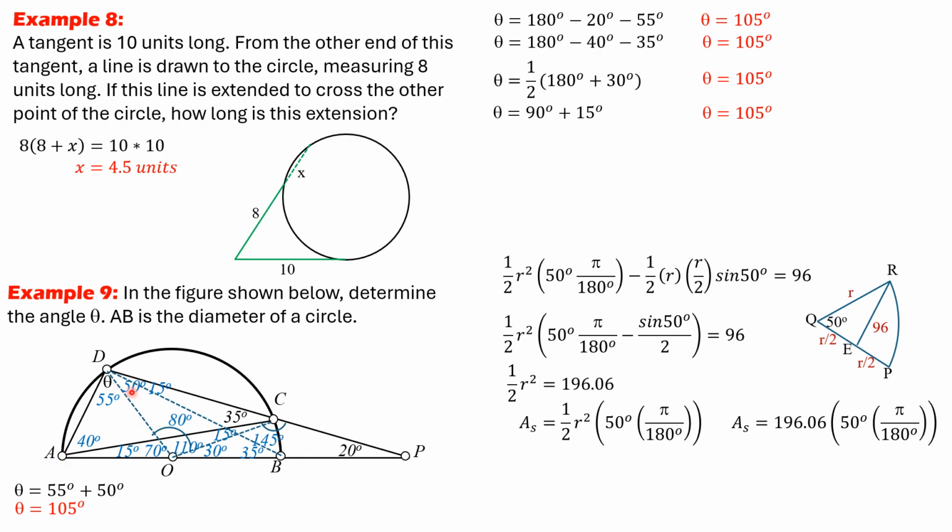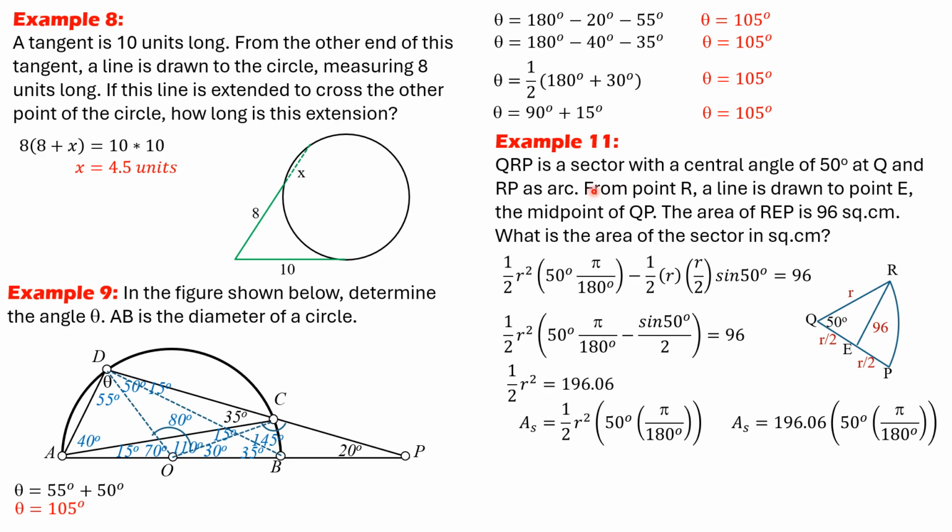Divide by 2, so this angle is 90 degrees, and if this angle ADB is 90, we add 15 degrees to get theta. So that's also 105 degrees. And many more if you want.